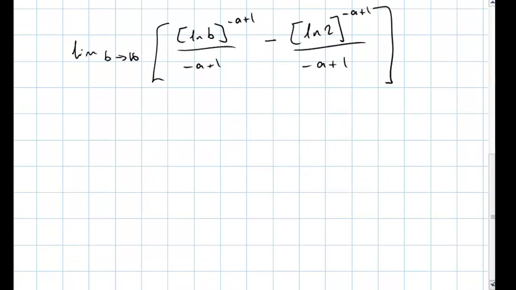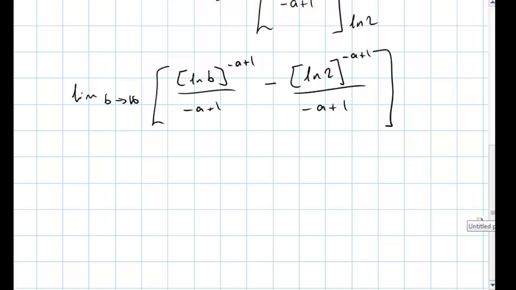And the question becomes, when is this going to be convergent and when is it going to be divergent? And in fact, all we really need to think about is this here. If that is positive, then ln b remains in the numerator, and as b tends towards infinity, then the ln of b is also going to tend towards infinity. It'll be divergent.